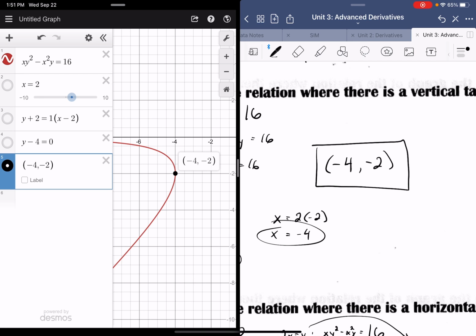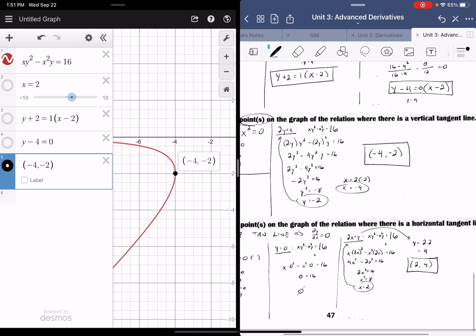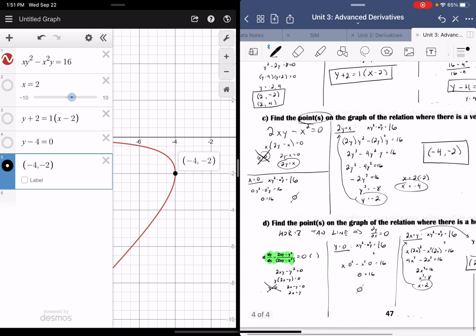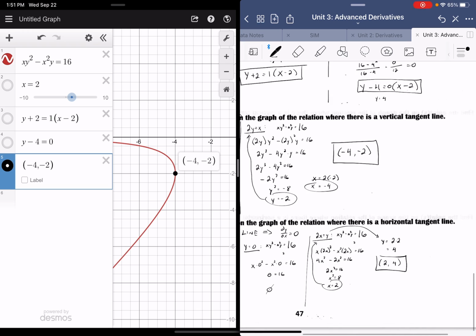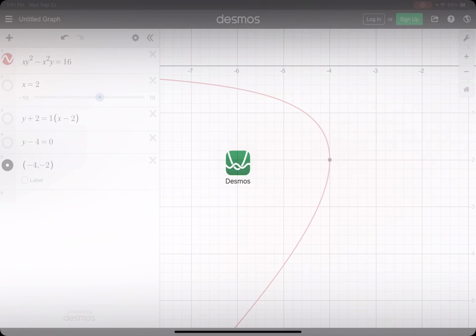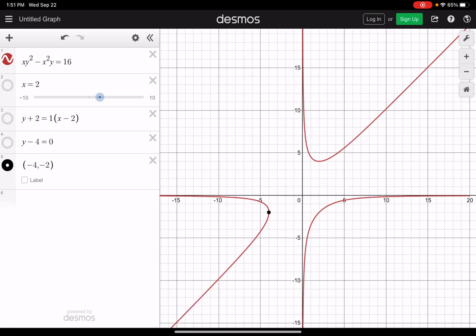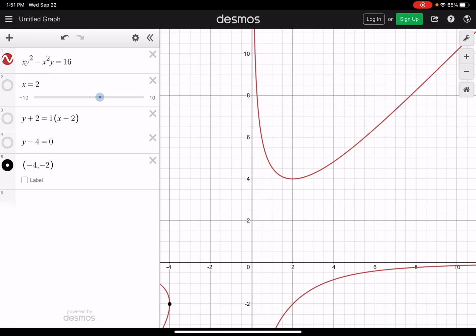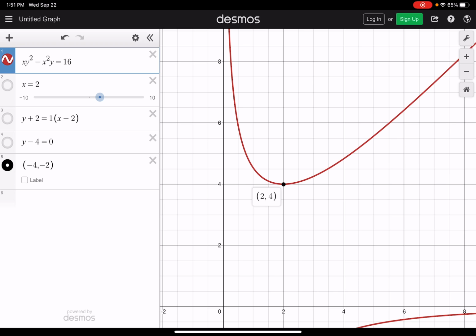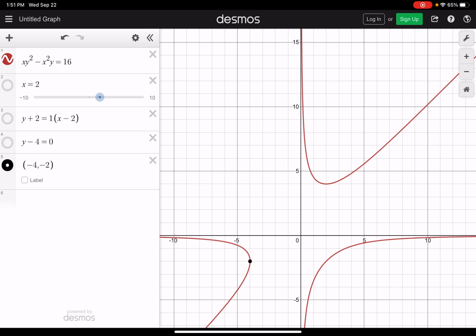So that's exactly where the vertical tangent line is. And then down here, find the points in the graph with a horizontal tangent line. So we only found one. So the only horizontal tangent line was right here at 2, 4. And that was the second one.